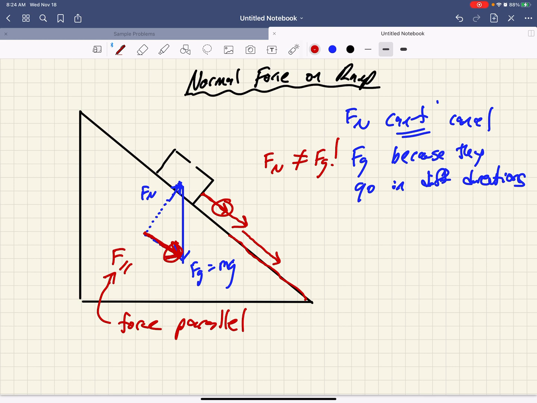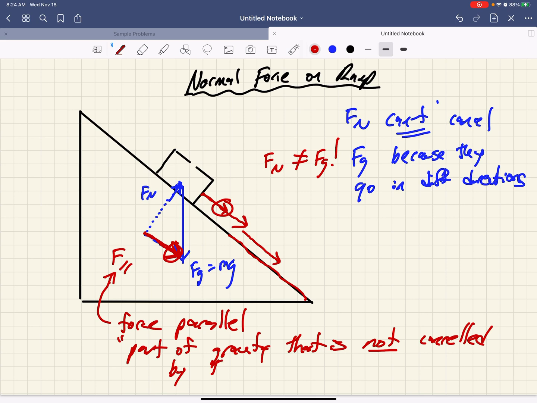And that force is called the force parallel, and it is the part of gravity that is not canceled by the normal force.